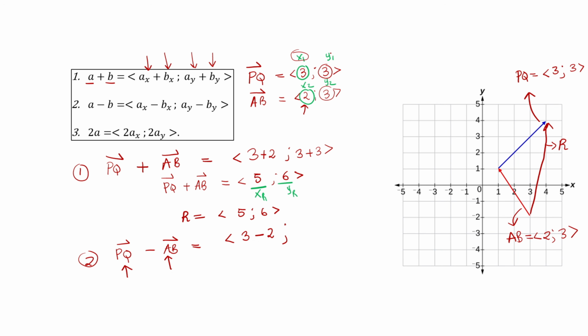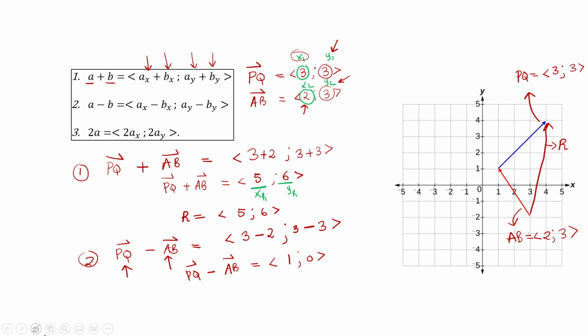And then for the y components, this is y1, this is y2. The y value for PQ is 3, minus the y value for AB, which is 3. So vector PQ minus vector AB will be equal to 3 minus 2, which is 1, and 3 minus 3, which is 0.